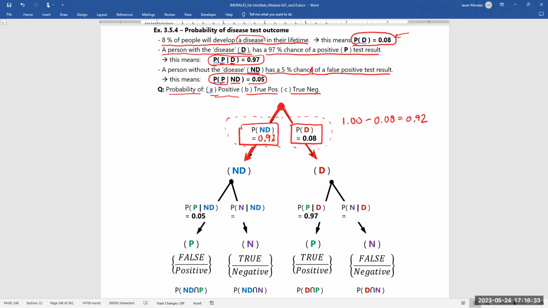Okay, so that represents the upper level. Now, down below, this is whether you tested positive or negative. Down the left-hand side, if you didn't have the disease, you could test positive or you could test negative.